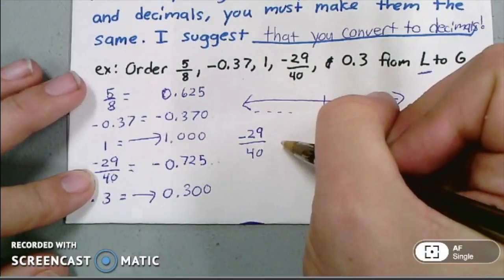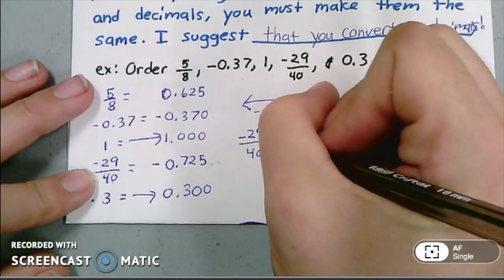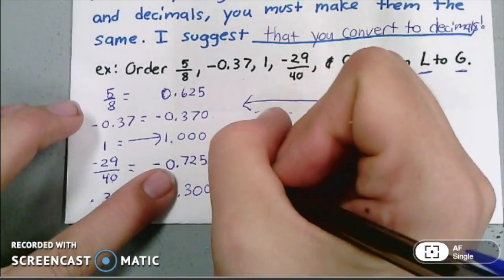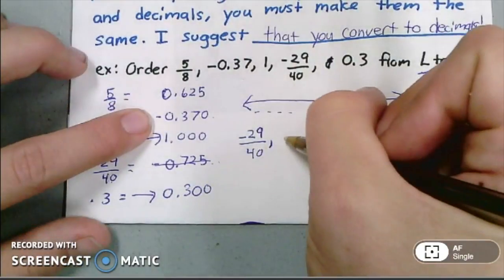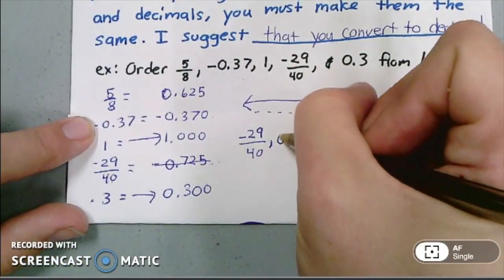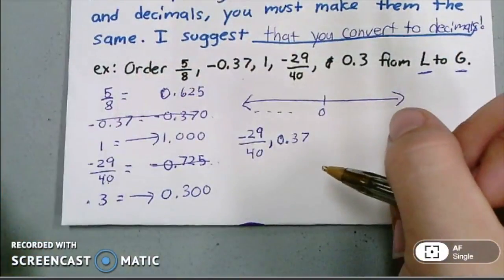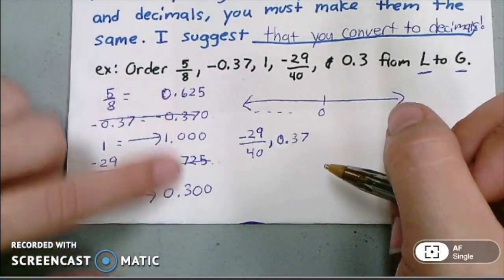Now if it asked me to compare, I would use a less than symbol, but since it just said to order, I'm going to use a comma. What's my next smallest one? My next smallest one is my other negative number, which was negative 0.37. Now I'm up to positive numbers. What's my smallest positive number?